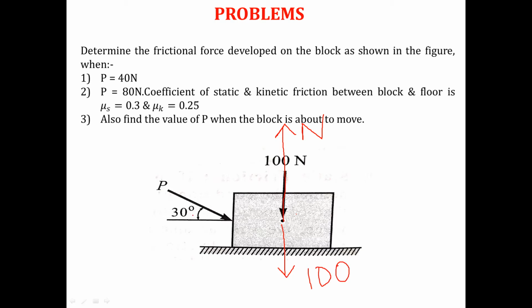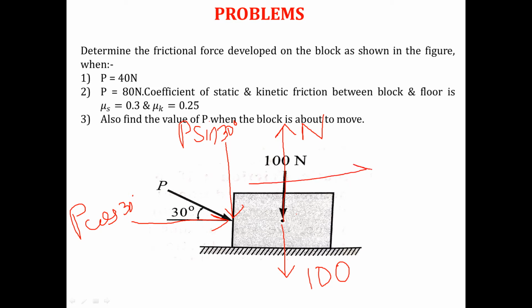This force P will have two components. One component will be the cos component, which is P cos 30, and another component will be the sine component, which is P sin 30.